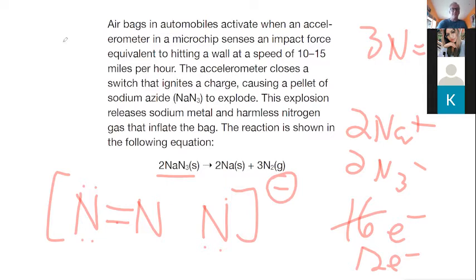What is going to be the formal charge on the nitrogen in the middle? You remember how we do formal charges? It would be +1. It would be +1, exactly. Because, why is it +1?